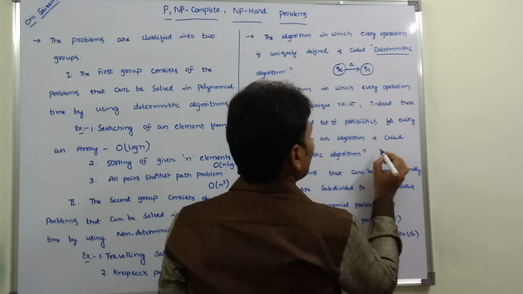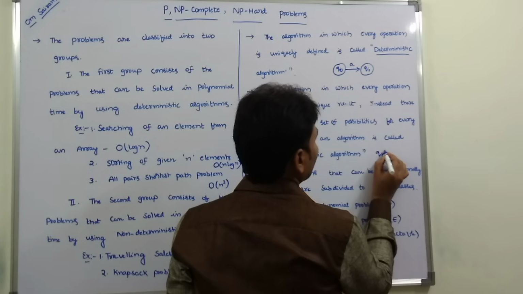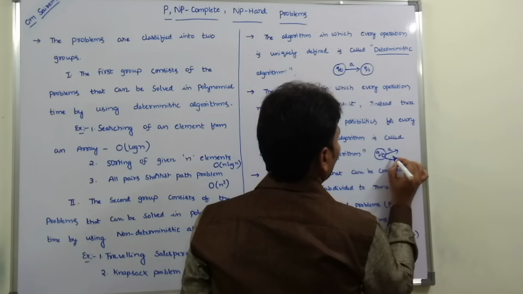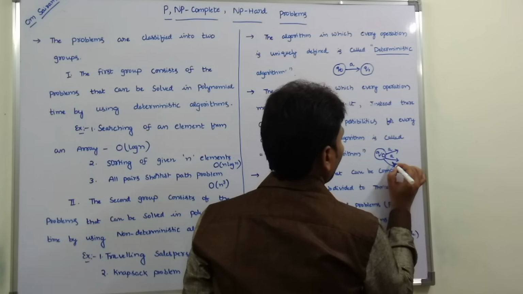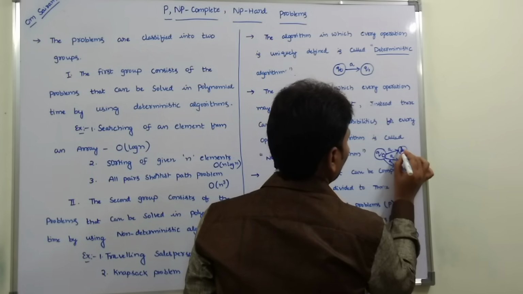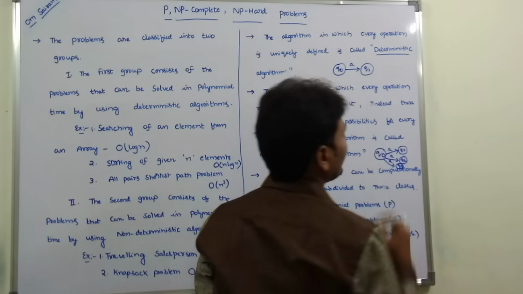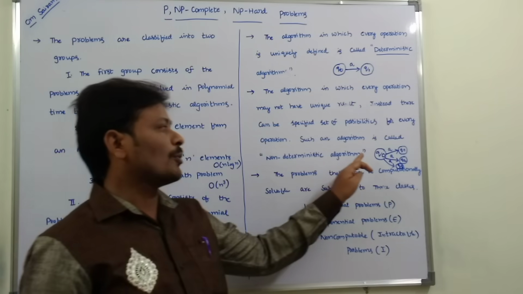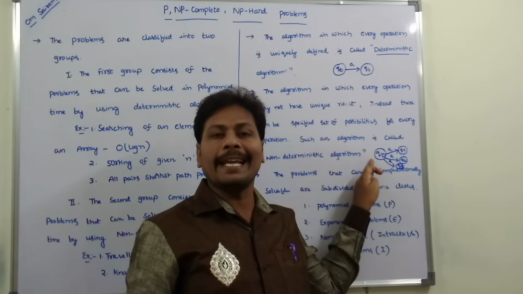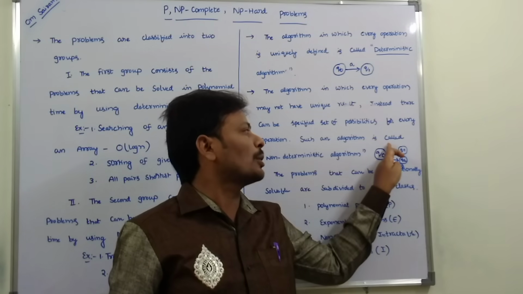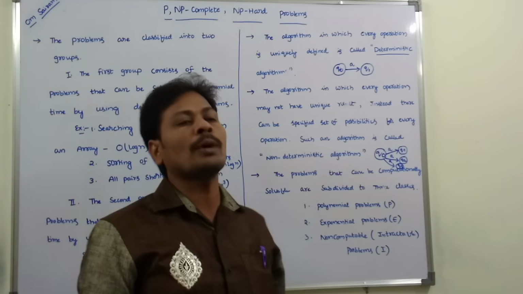For example, Q naught state with the input A can go to Q1 state, or to Q2 state, or to Q3 state. Now we are presently at Q naught state. With the input A, it can go to Q1 state.